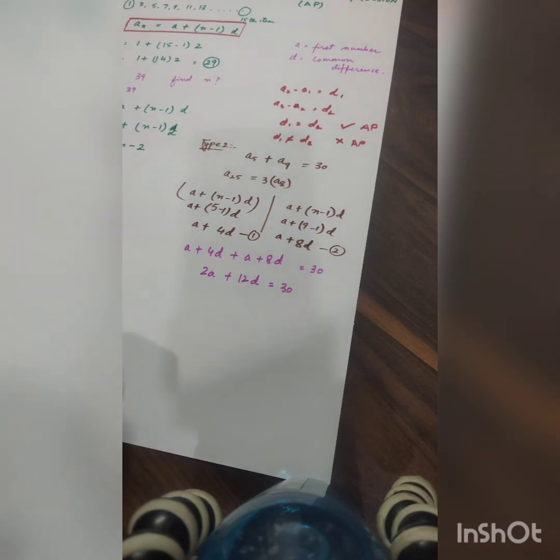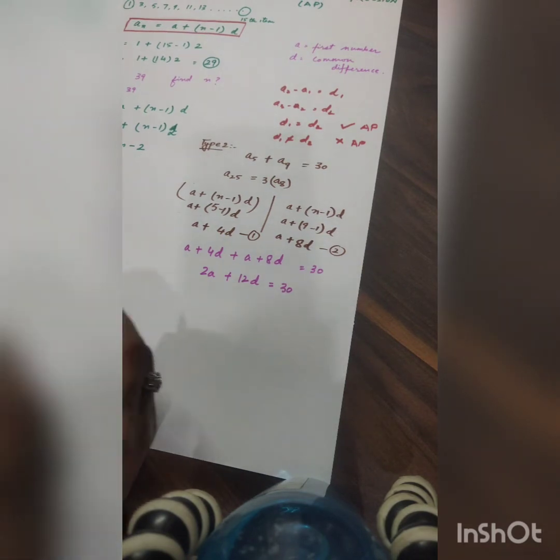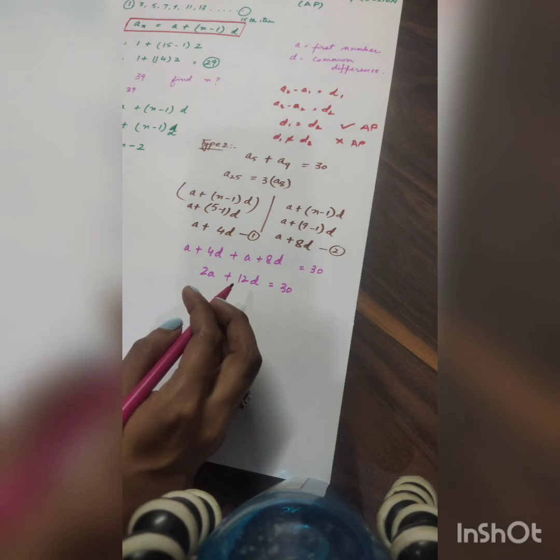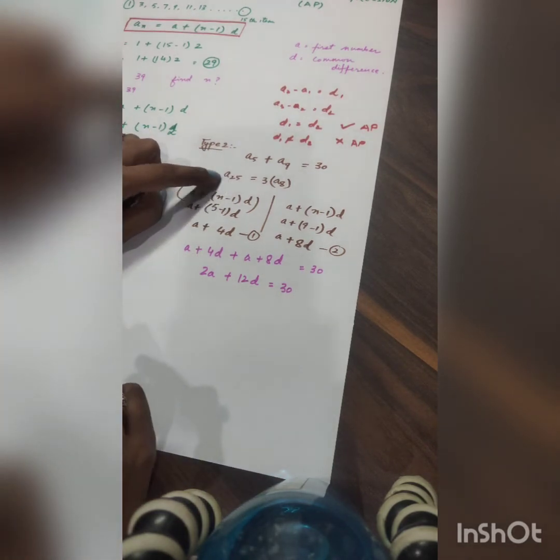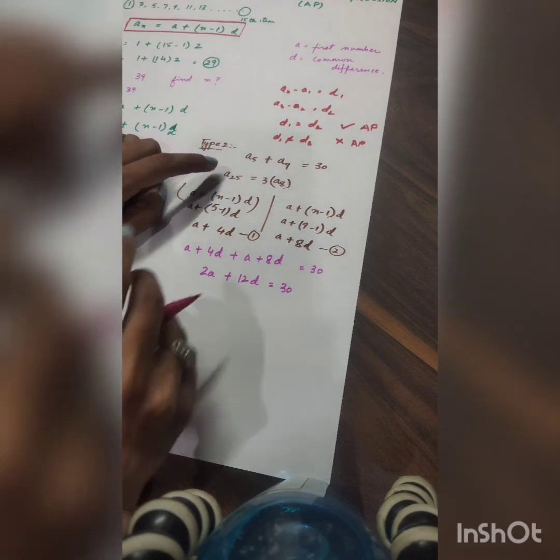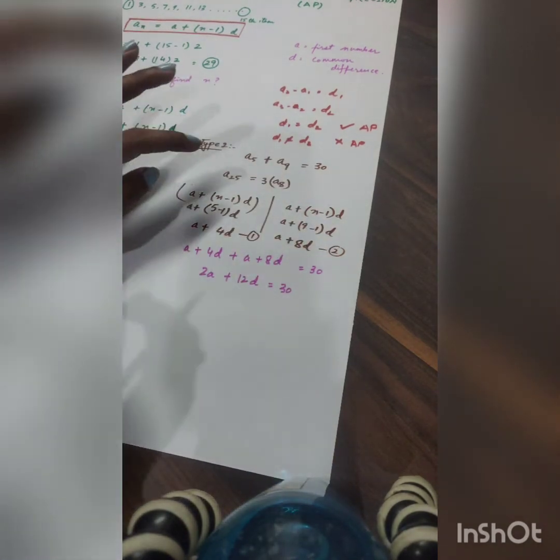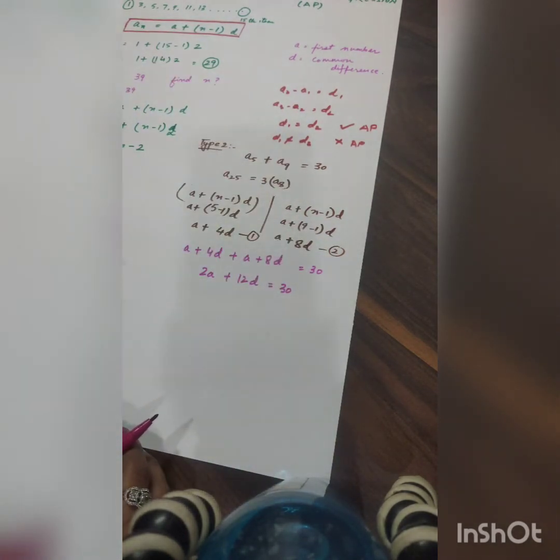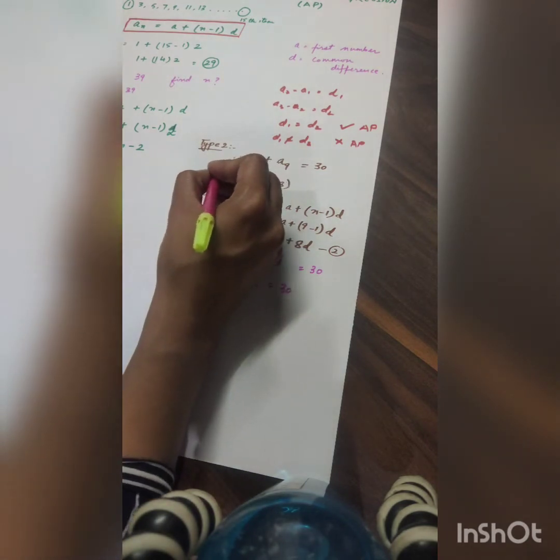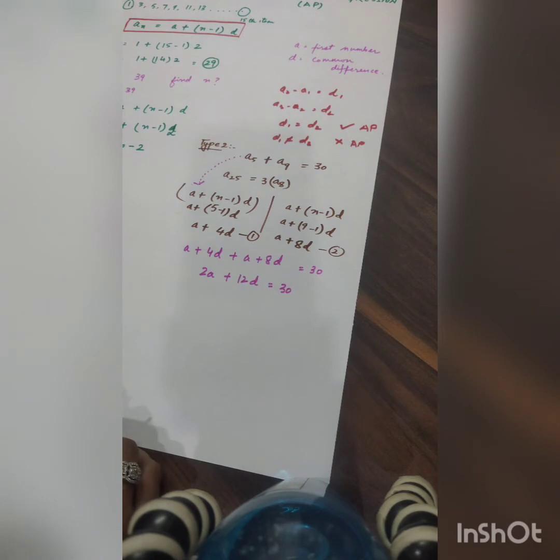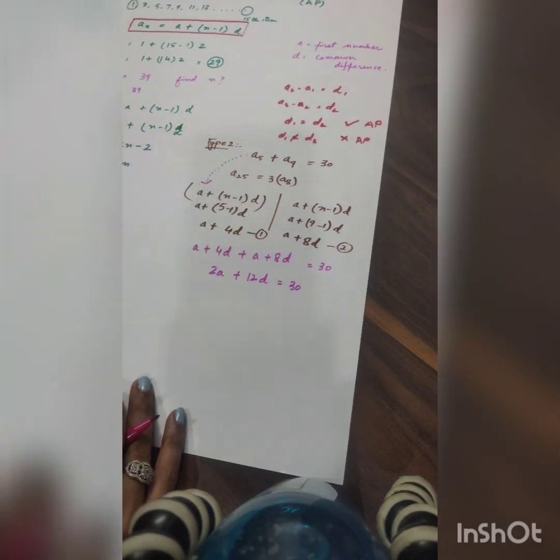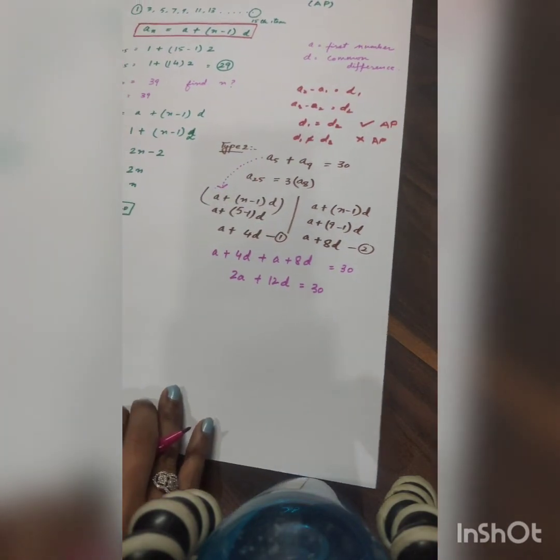This is the equation which we get from here. Now if we want to take common, we can do that also. But first we will be opening the second equation also, because we have two situations given. This was the first situation which I've opened, that A5 and A9 gives you 30. Now I am taking that A25 is equal to 3A8.